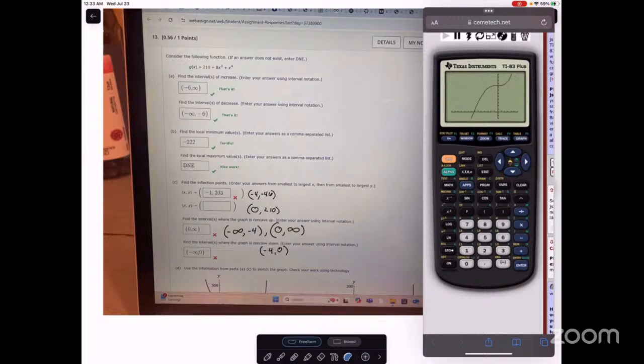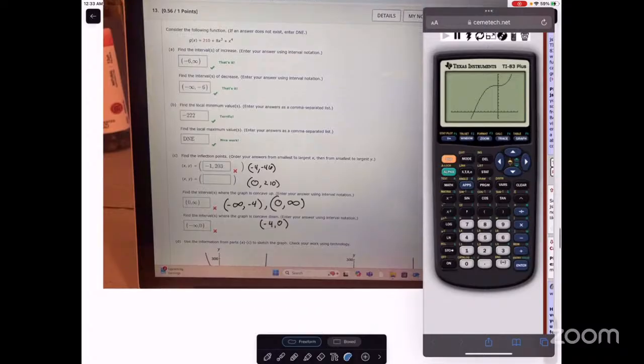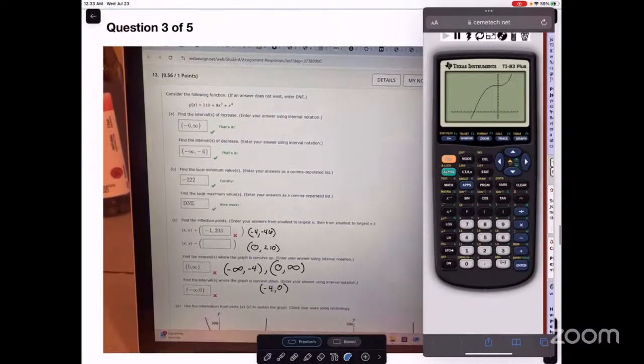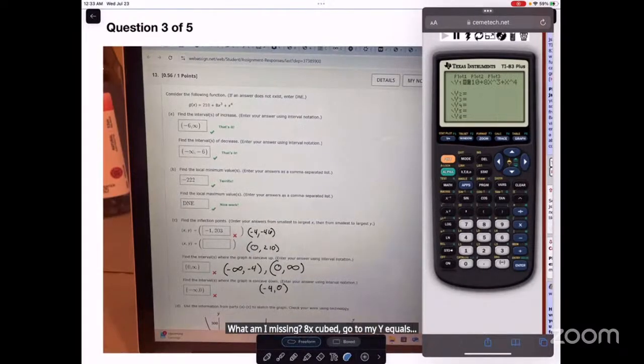Power 4. Something's off. What am I missing? Let me go to my y equals 210, 8x cubed plus x to the 4.